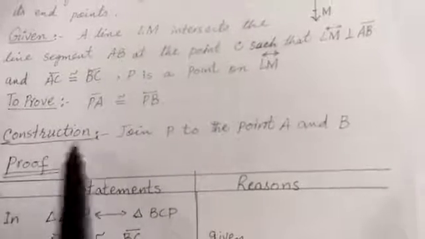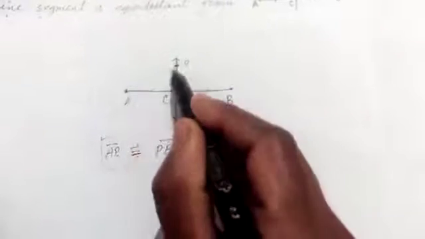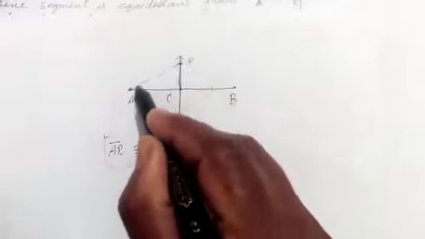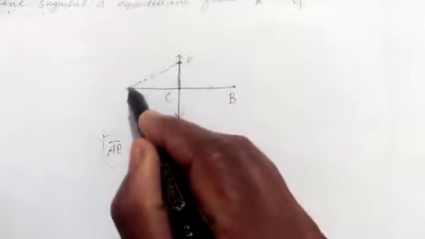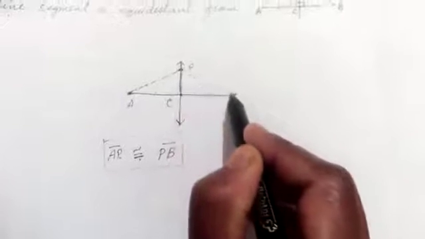Now we will write construction. Construction means we will change the diagram according to our requirement. Now we join this point P to A, and with a scale we join P to A and P to B like this.